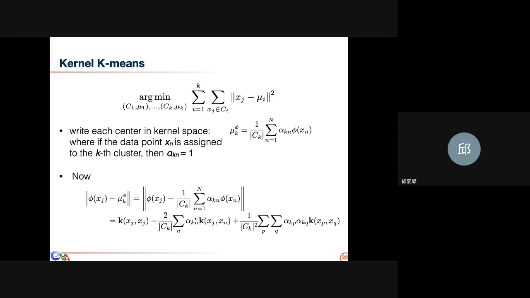In this formula, everything can be represented by the gram matrix, because everything appears as a scalar product of the x, and that is why we can use the kernel. So this technique is named the kernel k-means.